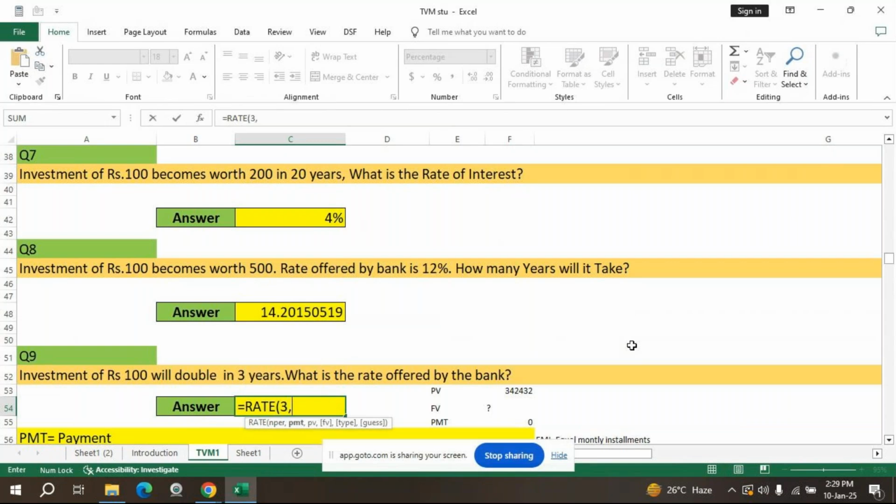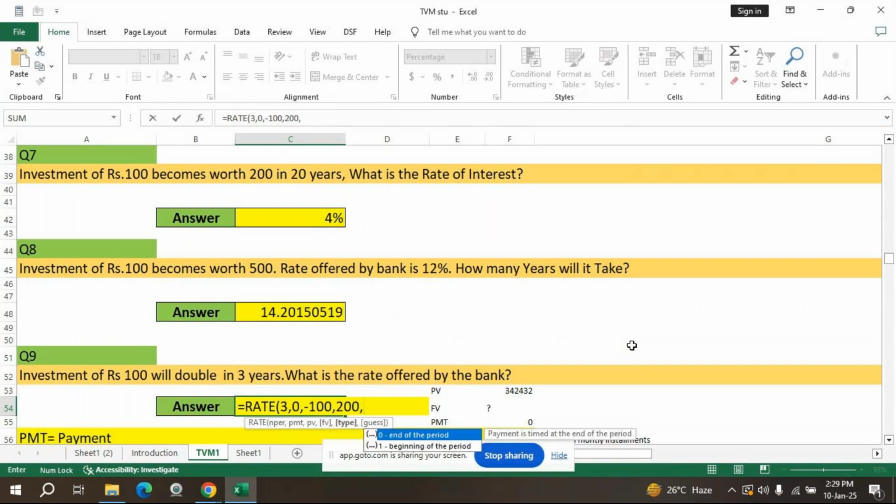Then comma PMT. PMT is 0. Then comma PV. PV is minus 100. Then comma FV. FV means 200. And then comma, the annuity type.